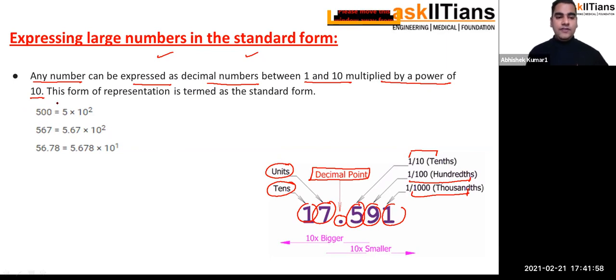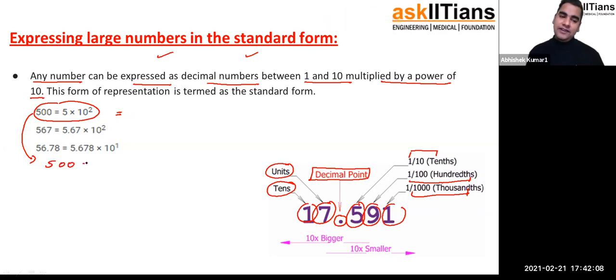We have 500, that's the first value. 500 can be written as 5 into 100, right? 5 can be written as 5.0, and 100 can be written as 10 raised to the power 2.